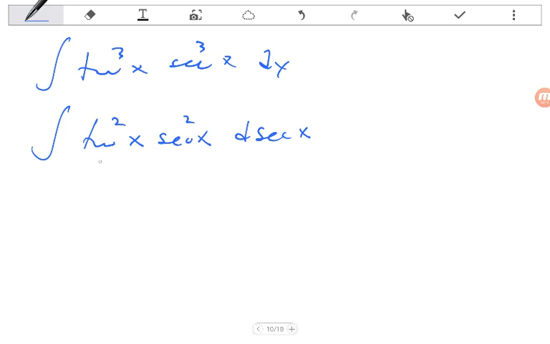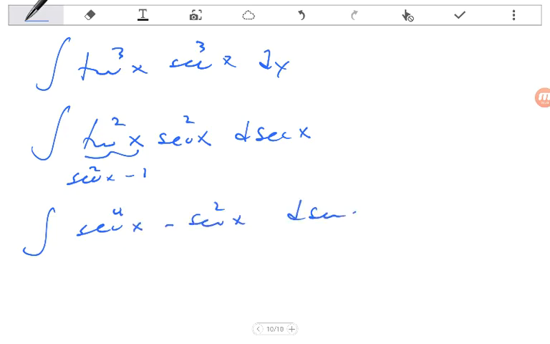I just need to express the remaining integrand in terms of sec. I express tan squared in terms of sec, which is sec squared minus 1. So the integral will be sec power 4x minus sec squared x d sec x, which is the integral of y power 4 minus y squared dy, and y is sec x.